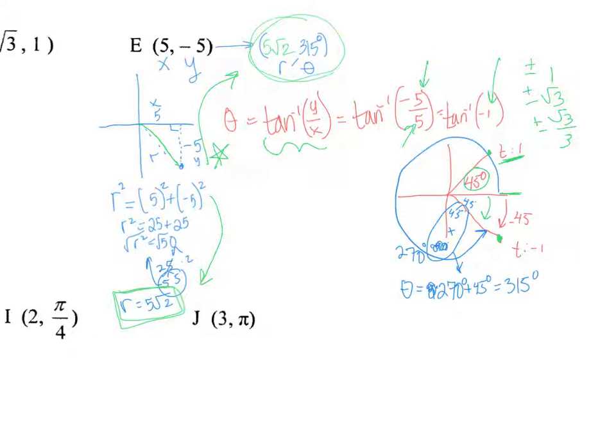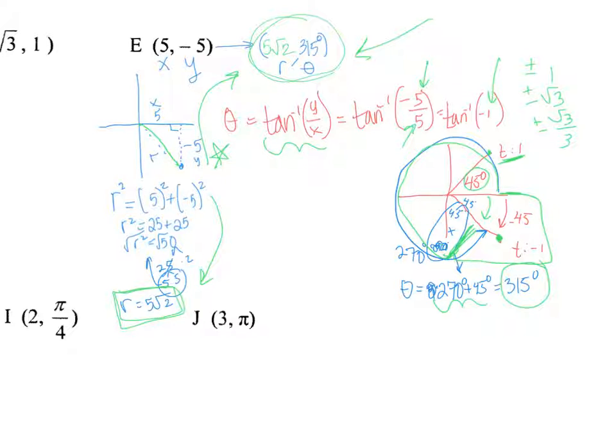Now, if we know that our theta is in the fourth quadrant, the value for theta has to be between 270 and 360. So if we spin around, we know that we're at 270 plus this remaining 45. That gets us to our dot. And 270 plus 45 gives us a theta of 315. So up here, we have our polar coordinate, 5 root 2, comma, 315 degrees.